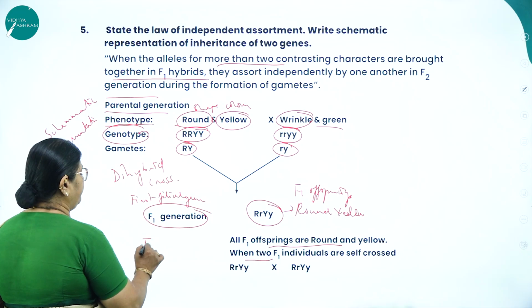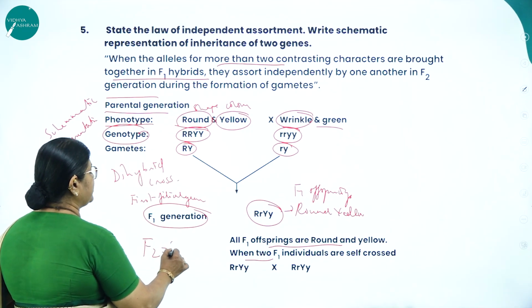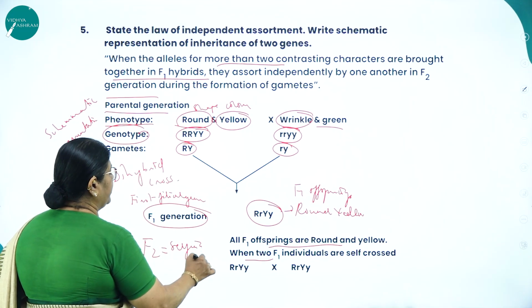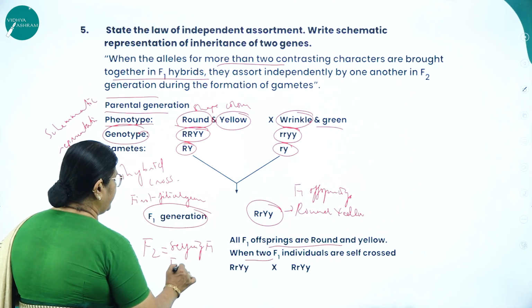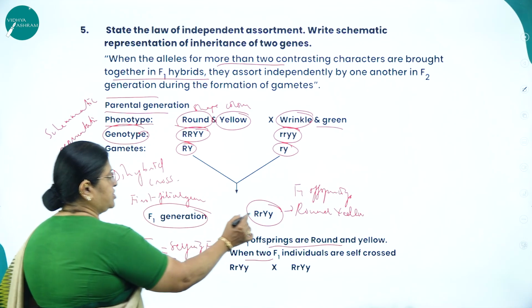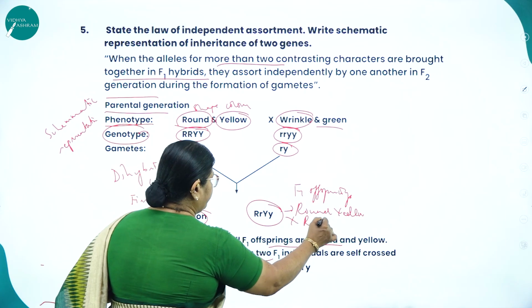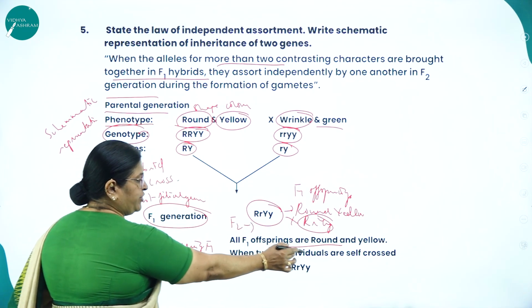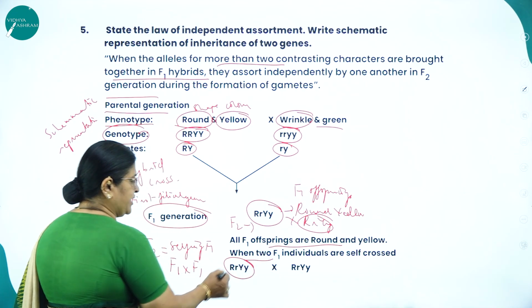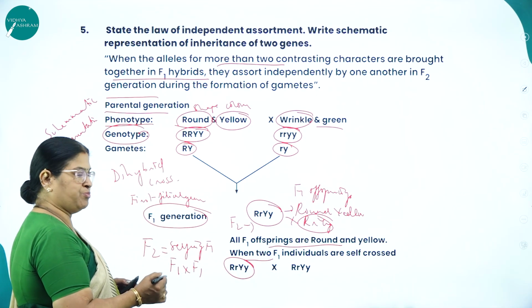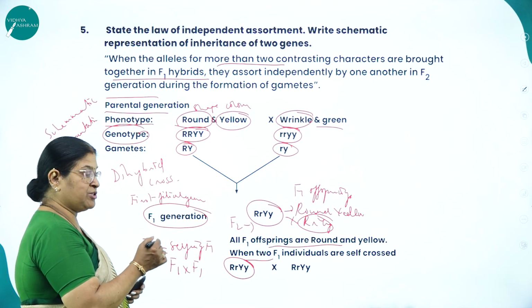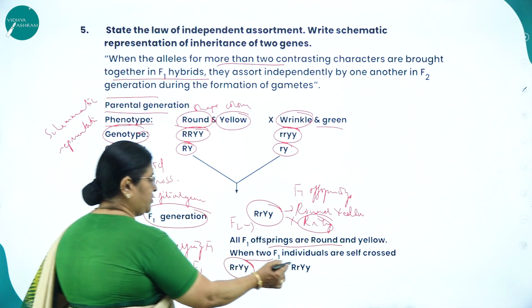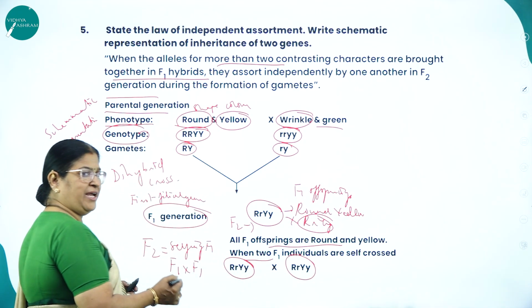How do you go for F2? F2 is obtained by selfing F1, that is F1 into F1. When two F1 individuals are self-crossed, that is capital R, small r, capital Y, small y, heterozygous round yellow, crossed with capital R, small r, capital Y, small y, you get F2.